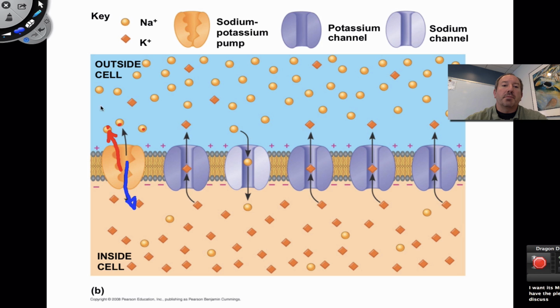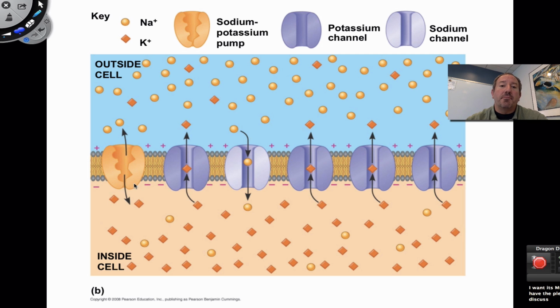So there's 3 pluses coming out, which helps to generate that plus charge on the outside of the cell, and there's only 2 potassiums coming in, which helps to generate ultimately a negative charge on the inside, since 2 and 3 would be a negative 1 difference. Again, then the anions as well. Now, this particular co-transporter is called the sodium-potassium pump.